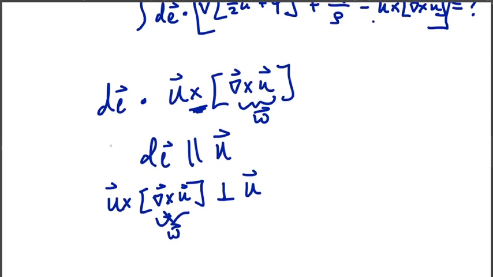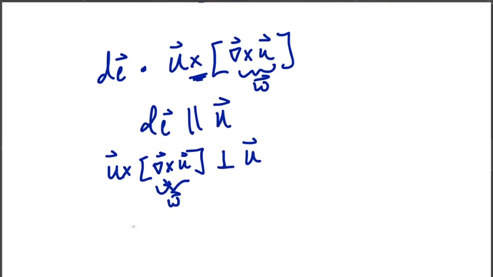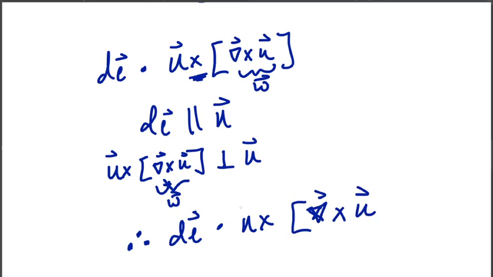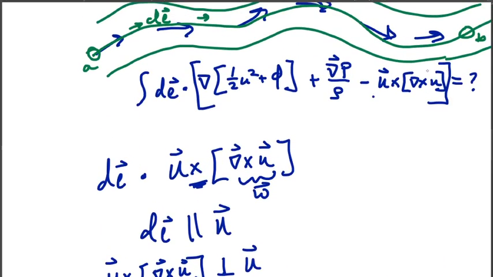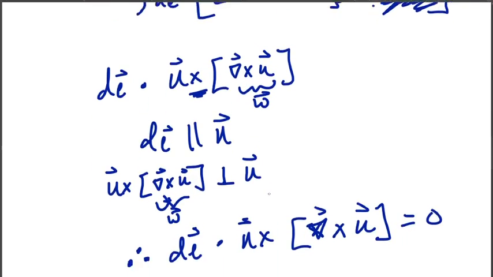So dl is parallel to u by definition of being a streamline. u cross del cross u is perpendicular to u by definition of a cross product. So therefore, dl dotted with u cross del cross u is 0 for all u because this is all just math definitions. So that means that this nasty term is actually 0 under this path integral. And that vastly simplifies our path integral.